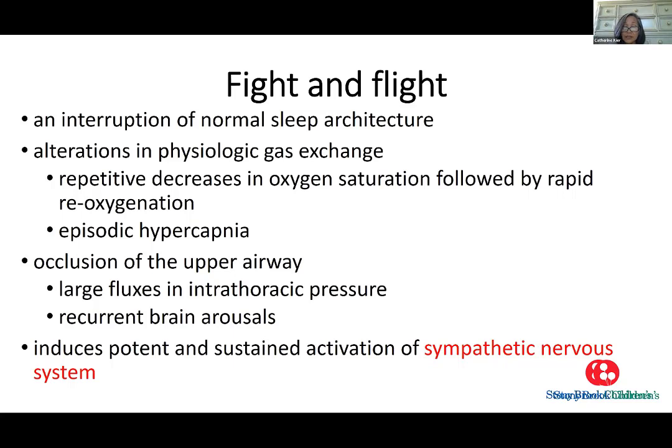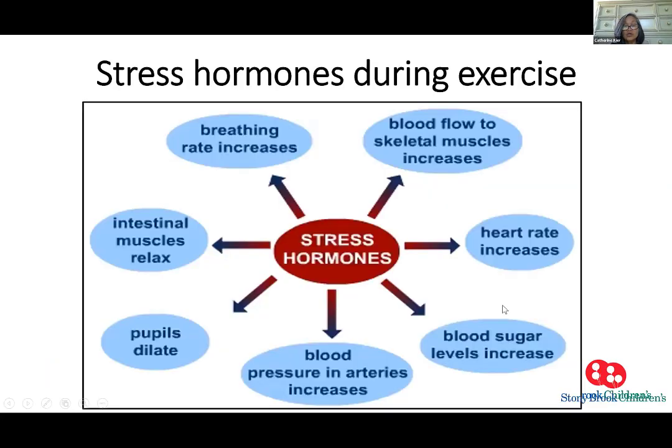What happens in unaddressed or untreated obstructive sleep apnea is a sustained activation of your sympathetic nervous system. To put it in simpler terms, you have your stress hormones activated during exercise because it's needed. You need blood flow, you need increased heart rate in order to have increased cardiac output. You need increased blood glucose in your skeletal muscles.